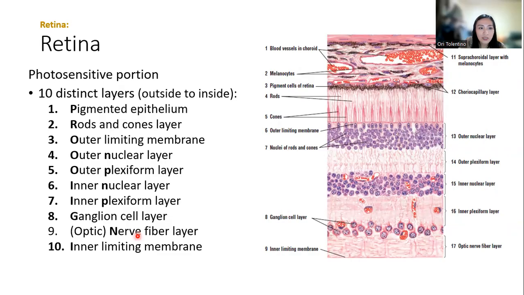Then I have also your ganglion cell layer, the nerve fiber layer, and the thin innermost layer is the inner limiting membrane.